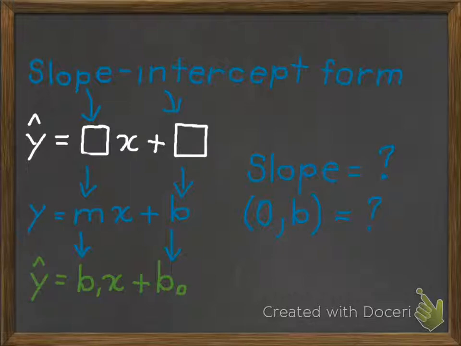In practice, we use a software calculator to get the least squares regression line, and that software calculator is going to use yet another form of notation, and then list the slope and the y-intercept. It will tell you the form, what the notation means, and then it will list the slope and the y-intercept. But if you remember, the slope is the x coefficient, and the y-intercept, the y-coordinate of the y-intercept, is the constant.